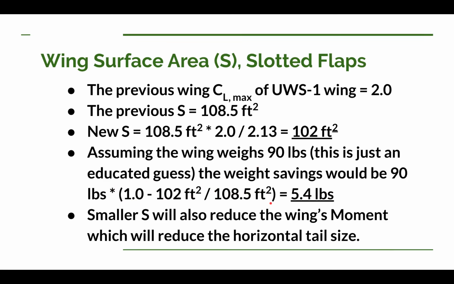Now, unfortunately, it's not really that simple. That's really only considering reducing the size of the wing when changing the coefficient of lift. It's not taking into account some of the more practical matters. For example, to get that better coefficient of lift for the wing, we changed to a slotted flap using a long hinge hanging underneath the wing.